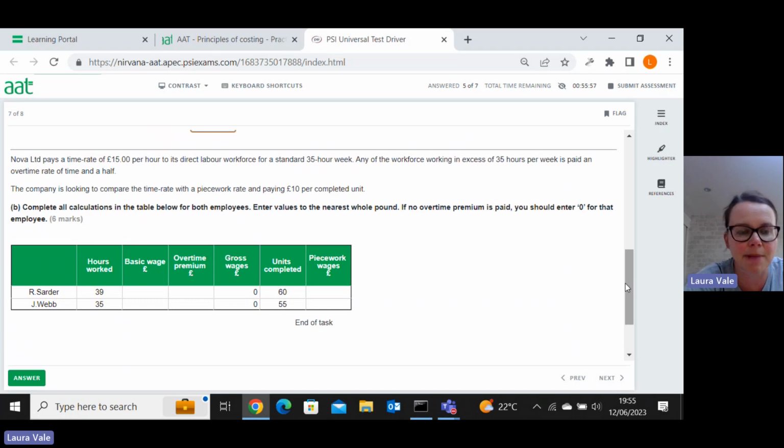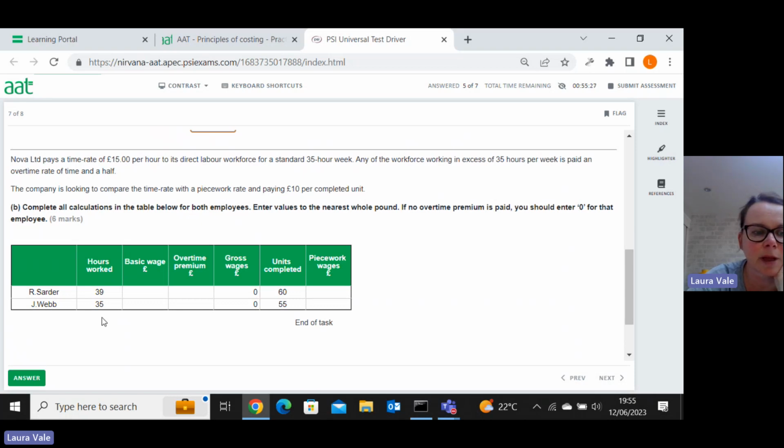Right, so the premium on that will be half of 15, which is £7.50, and the payment would be the 15 added to the £7.50, which would be £22.50 per hour. Right, the company is looking to compare the time rate with a piecework rate, paying £10 per completed unit.